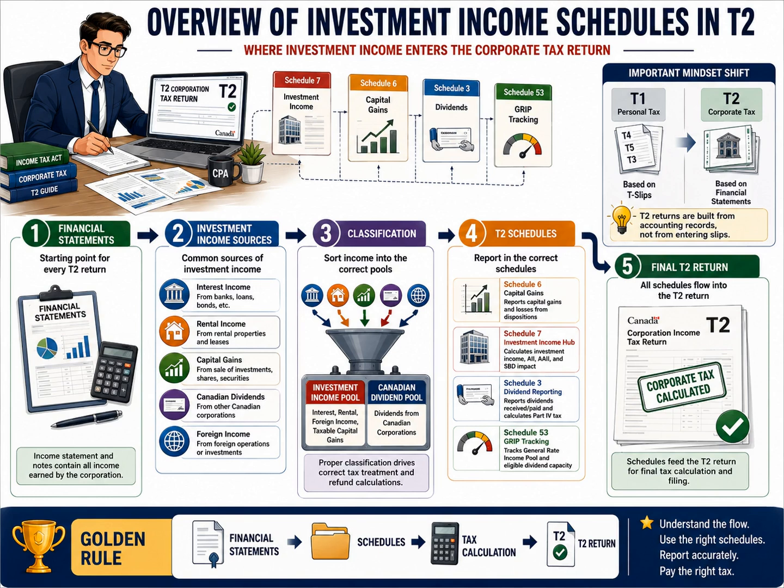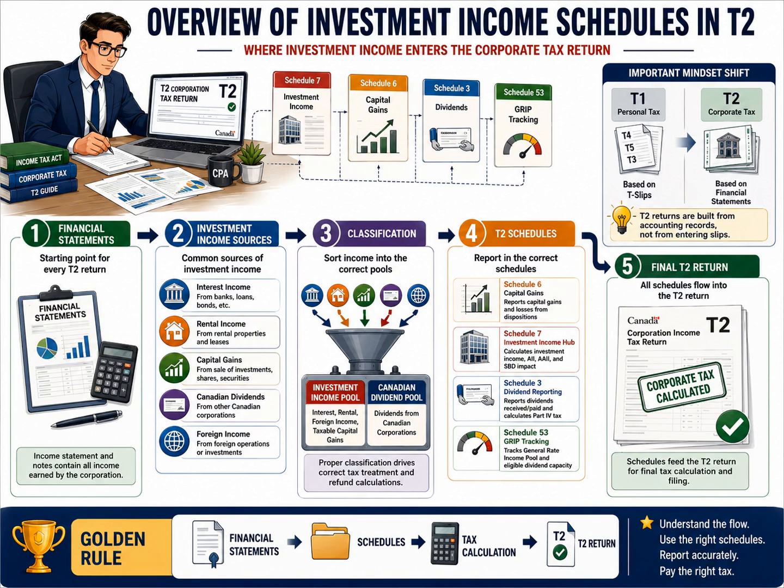And Schedule 53 tracks the General Rate Income Pool, or GRIP, which helps determine a corporation's ability to pay eligible dividends. Once these schedules are completed, the information flows into the final T2 return. The T2 return then uses all of these calculations to determine taxable income, corporate tax payable, refundable taxes, and other key tax attributes.